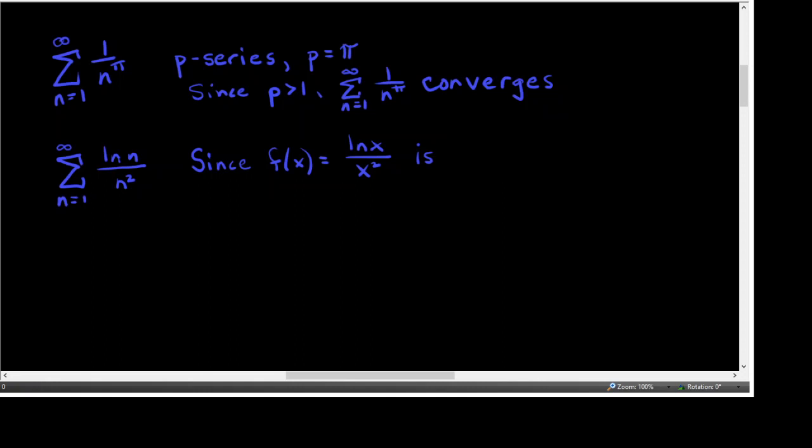So let me make a statement up here to help you. If you have an infinite series, and let's say you have a plus b plus c plus the rest of it, and if I can prove that this converges, that means it converges to some number.